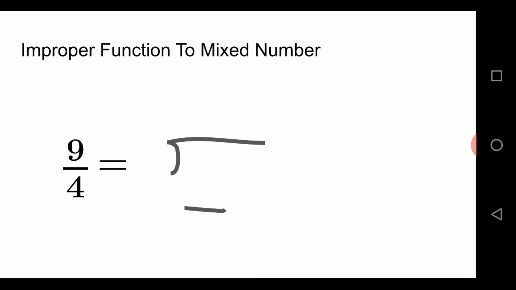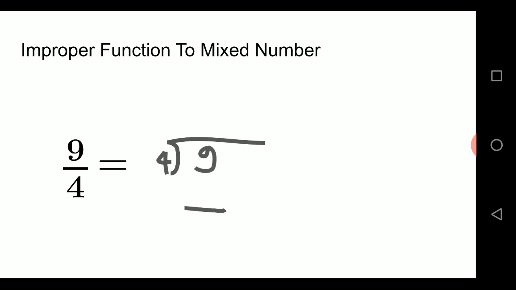Now I'm going to convert an improper fraction into a mixed number. 9 by 4 is my starting position, and I want to convert this improper fraction into a mixed number. So I have to divide 9 by 4.